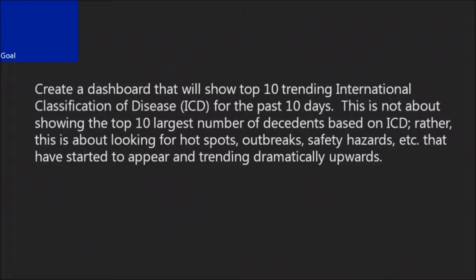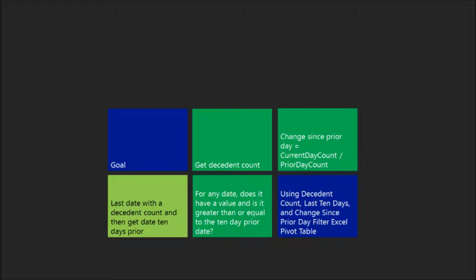So for today's session, we're going to need to get the decedent count. We will need a measure that takes the current day count and divides it by the prior day count. That's the number that we will use to do some filtering on to get the top 10.